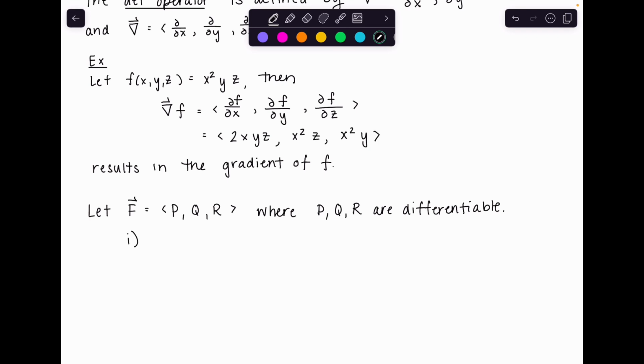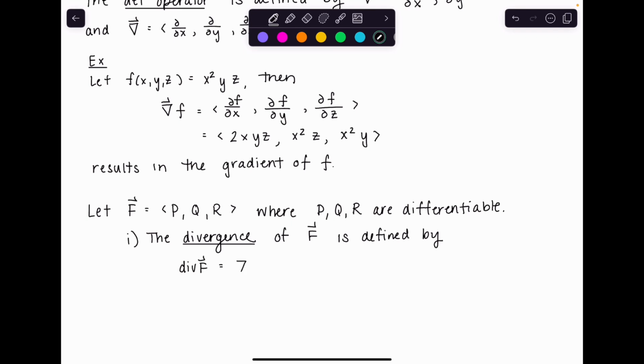The first definition is the divergence of F, defined by the following. We write div of F to say take the divergence of F. You're going to go ahead and take this del operator and dot product it with the vector field. So the result of this will be a scalar function.